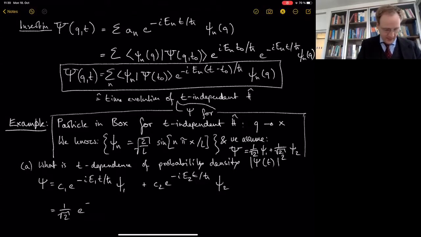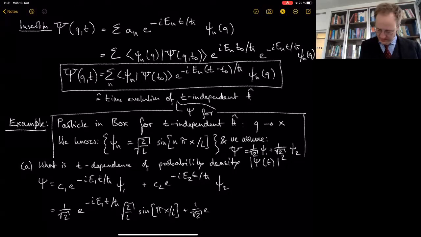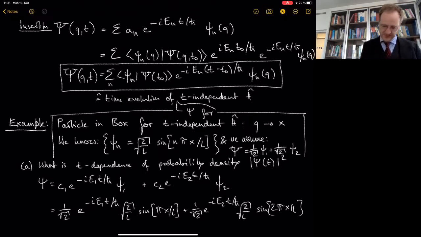So e to the minus i E1 t over h bar, now we put 2 over L sine of pi x over L, plus e to the minus i E2 t over h bar, 2 over L sine, and now the second eigenfunction, so 2 pi x over L. Okay, so we simply inserted our eigenfunctions in this ansatz, and we set C1 and C2 to what we said above, right? So we combine these two.